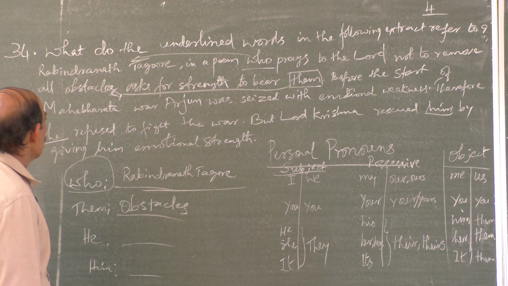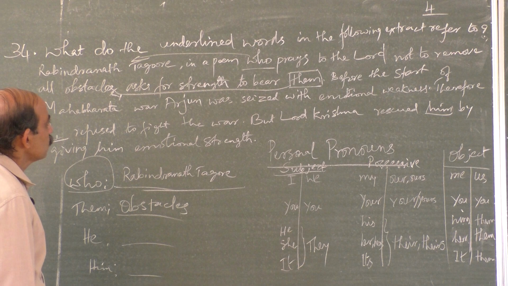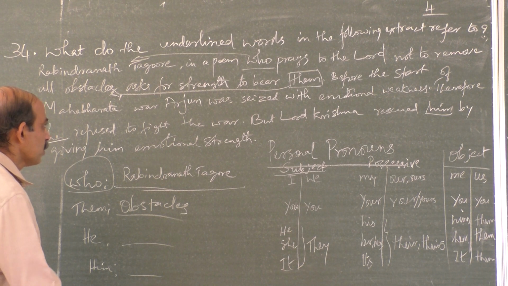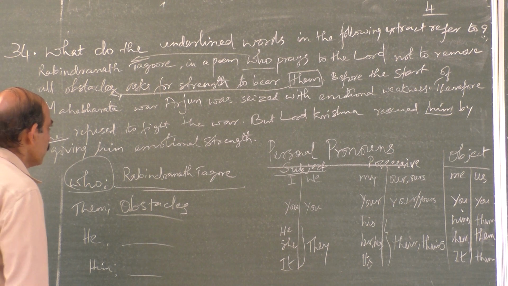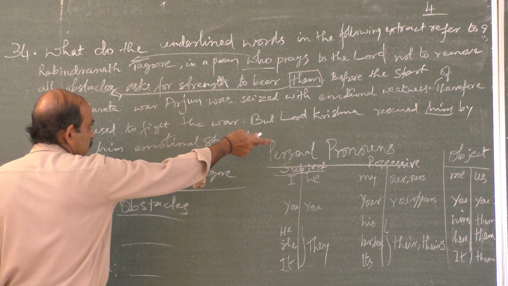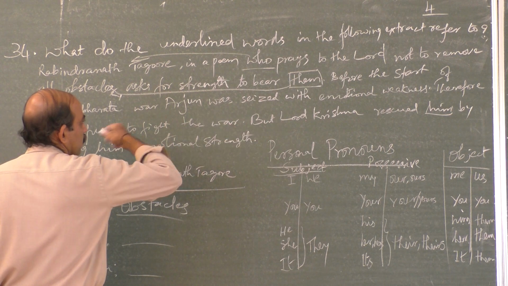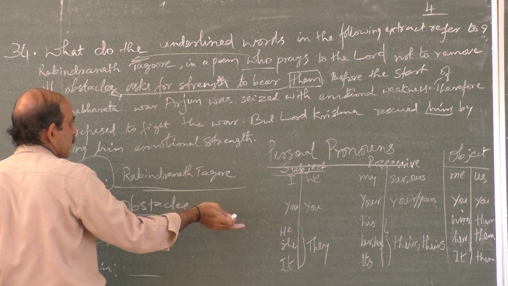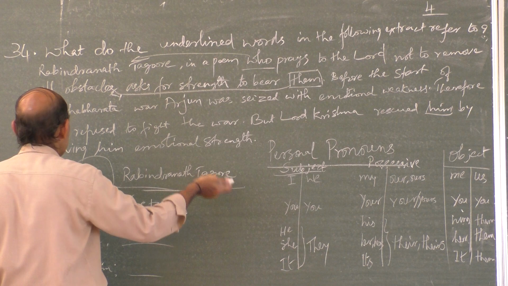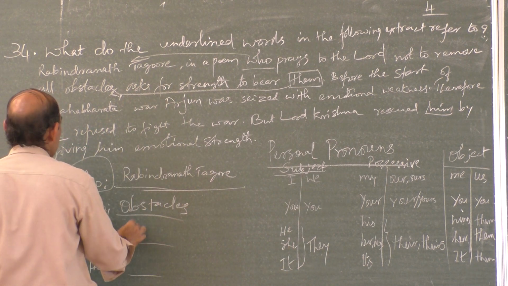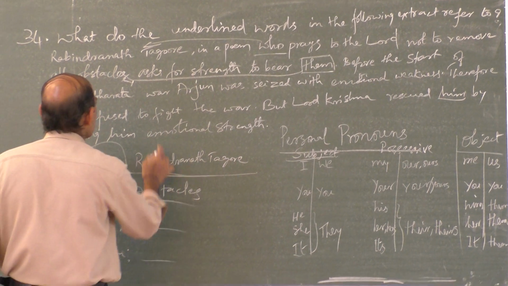Then, before the start of Mahabharata war, Arjun was seized with emotional weakness. Therefore, he refused. Naturally, this is very simple. Here Arjun has been available in this sentence, and no other person has been mentioned there, and it refers to Arjuna. Where is it?